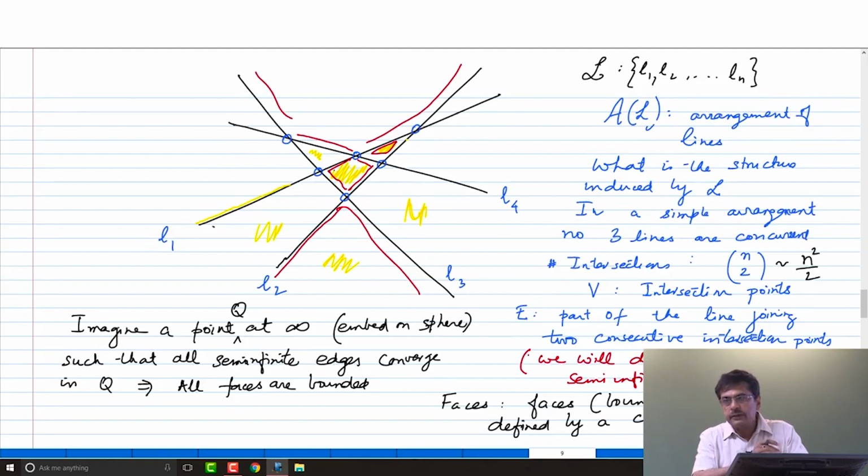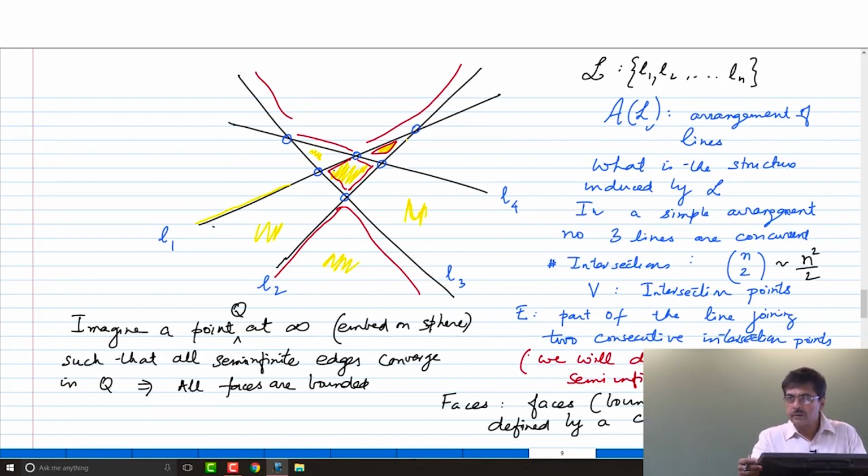So, there are n minus 1 intersections and therefore, there are how many edges? Well, including the 2 semi-infinite ones, there will be n edges. So, each line basically contains n edges and therefore, the n lines will contain about n square edges. So, you got a bound there very easily.